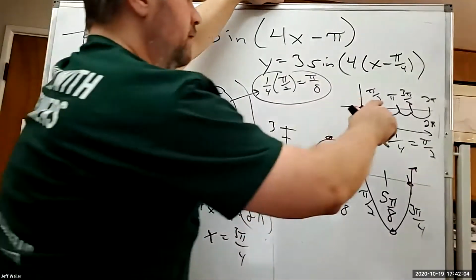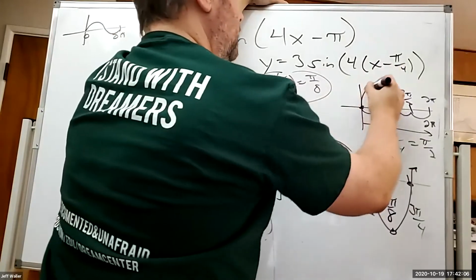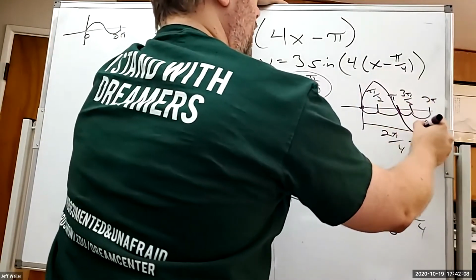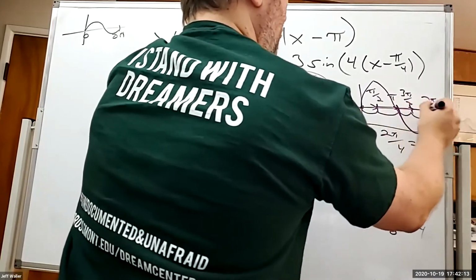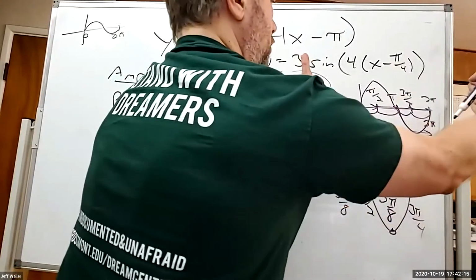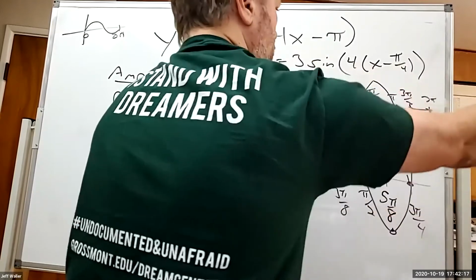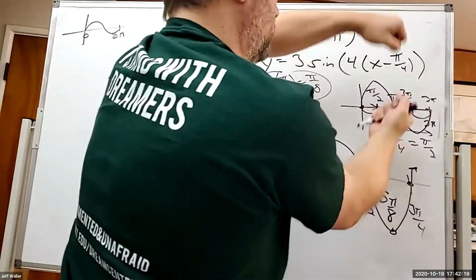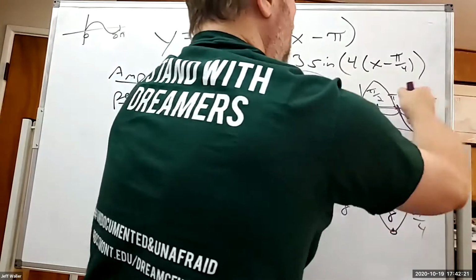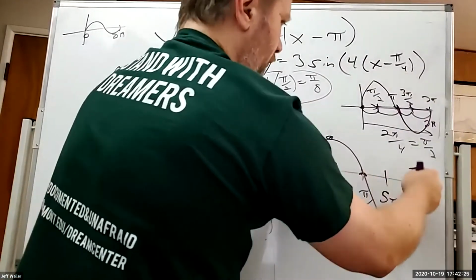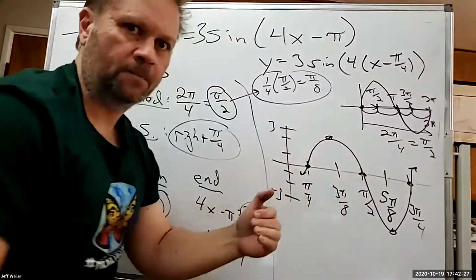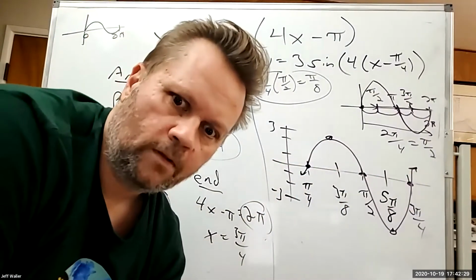Because all of these important steps of this thing have to occur in the same kind of locations. All I do is I smush it or I stretch it. And this direction doesn't do anything to this. And then I move it around. It still has to be 1, 2, 3, 4 steps that everything happens in.